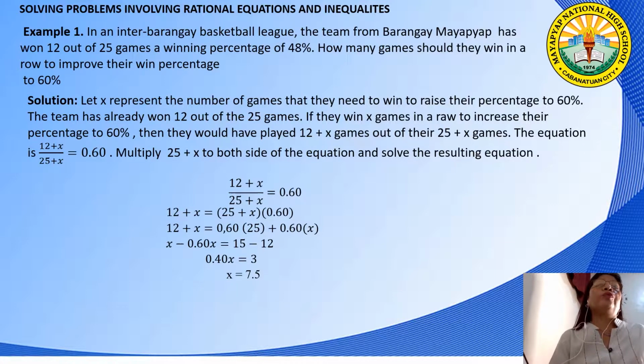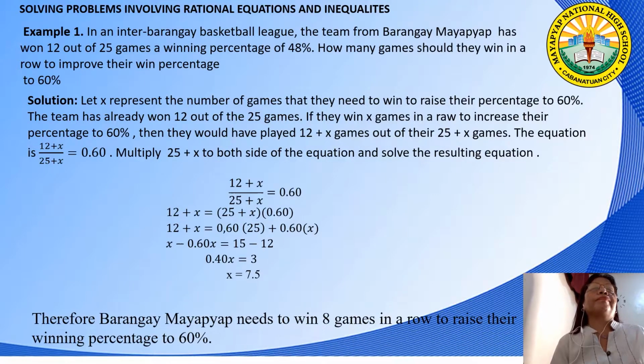We have 12 plus x equals the quantity 25 plus x times 0.60. Then simplify. Then finally, x equals 7.5. So therefore, Barangay Mayapyap needs to win 8 games in a row to raise their winning percentage to 60%.